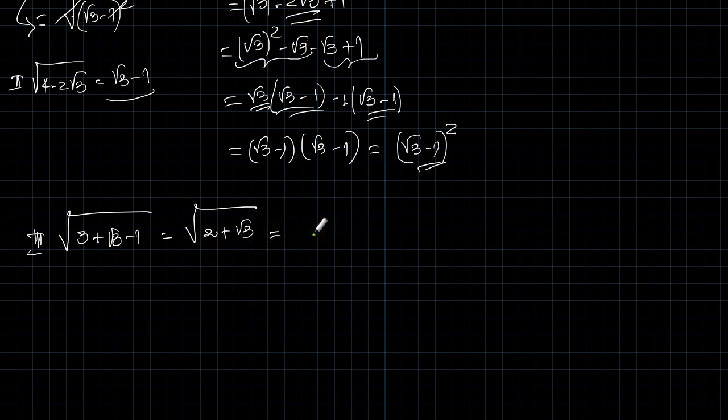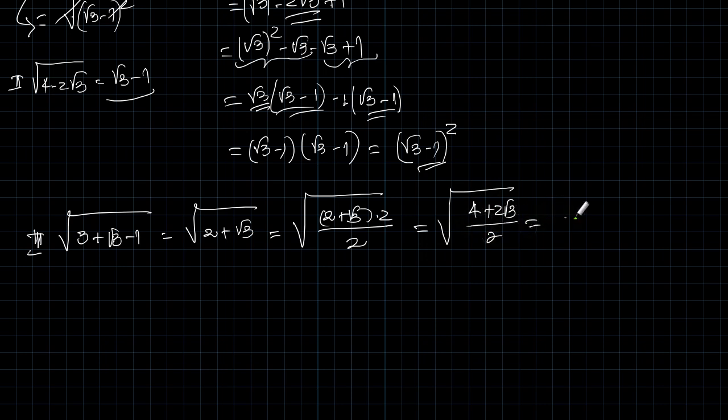So this is going to be square root of 2 plus square root of 3, multiplied by 2 and divided by 2. And this is going to be square root of 4 plus 2 square root of 3, over square root of 2.